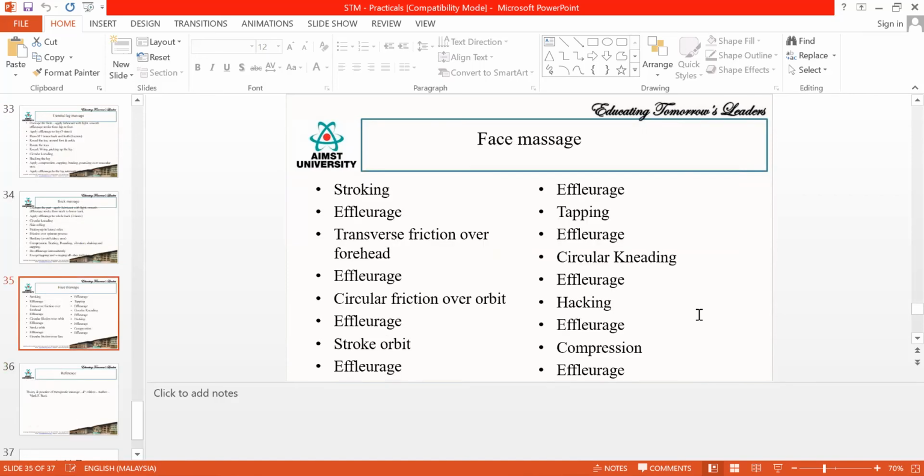So after preparing yourself as well as the patient, you can see, can you watch it clearly? Yes, miss. So you can just imagine this is the patient's face.